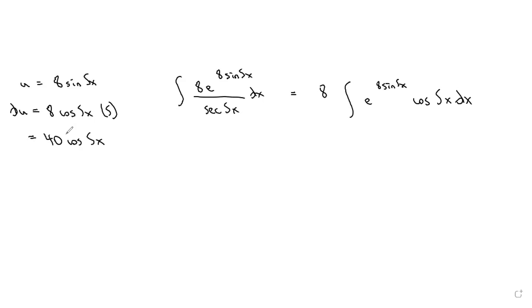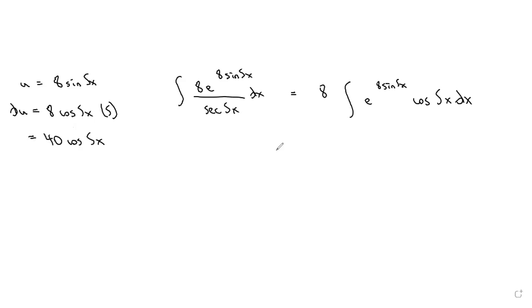Okay, so that's not exactly what we have in our integral. So we need a 40 cos 5x. And this one is kind of further complicated by the fact that there's already an 8 there. So there are multiple ways that you can deal with this. But I think we'll stay consistent with what we always do. So let's just keep it simple. Let's just put a 40 in there, and then we'll divide by 40 on the outside. And the 8, again, can just sit there and chill.